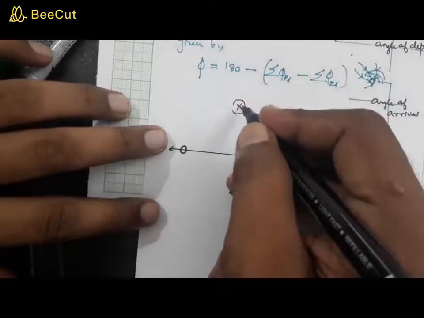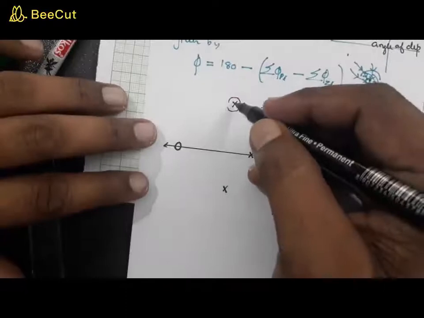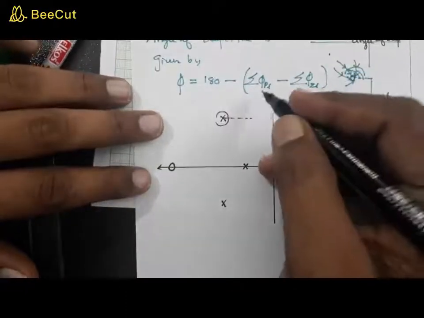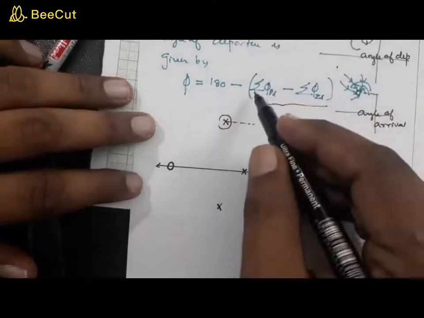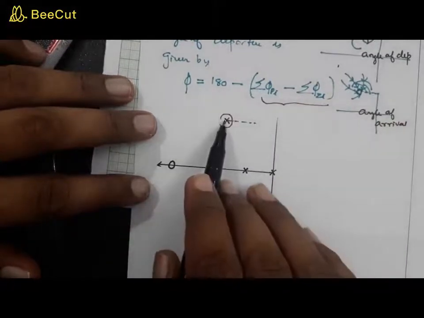We want to find the angle of departure of this pole. Our concern is how this complex pole departs. In order to measure this, we want to get an idea about this. What is this? This is actually the angle made by the other poles and other zeros to this pole.